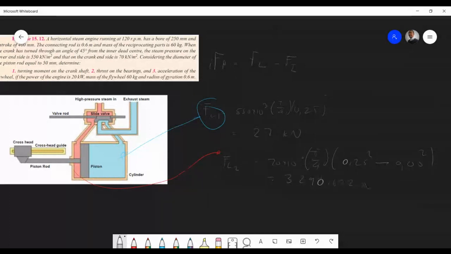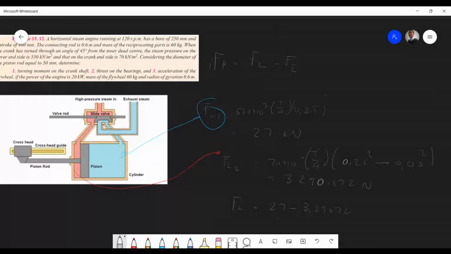All we have to do is subtract the two, and if I do that, my FL will be 27 minus 3.2967.